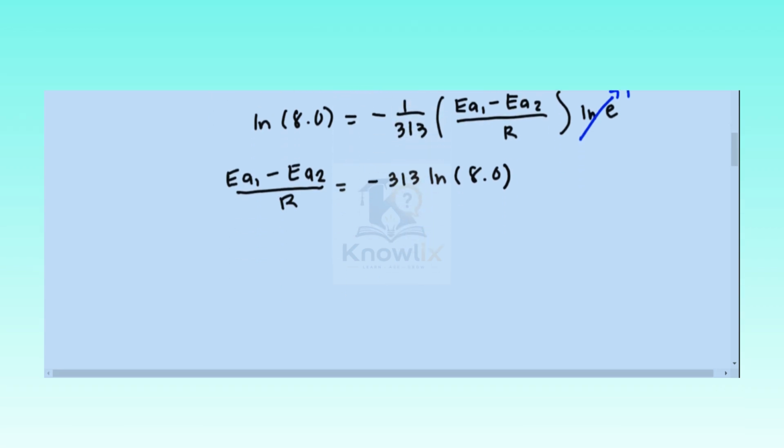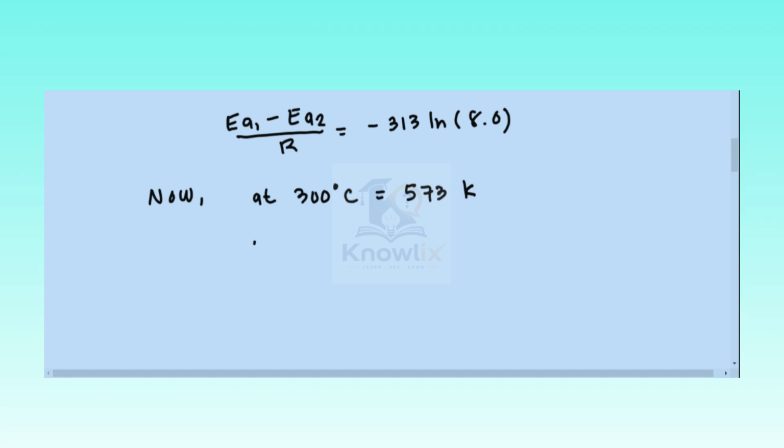Right, so now at 300 degrees Celsius, which is equal to 573 Kelvin, I'm going to find the same ratio, k1 over k2, but this time with a different temperature.